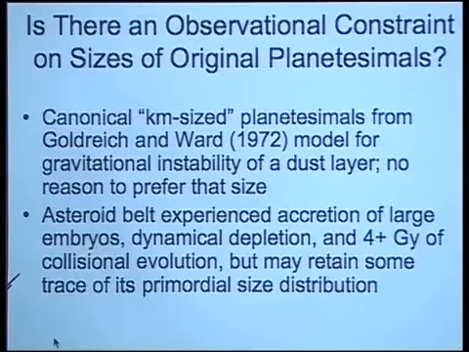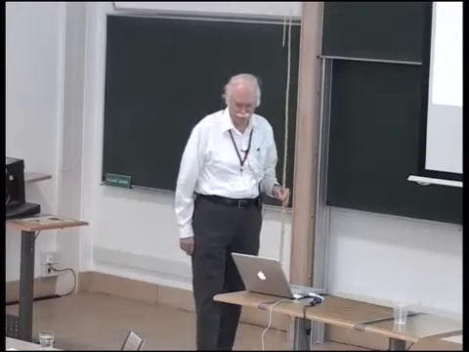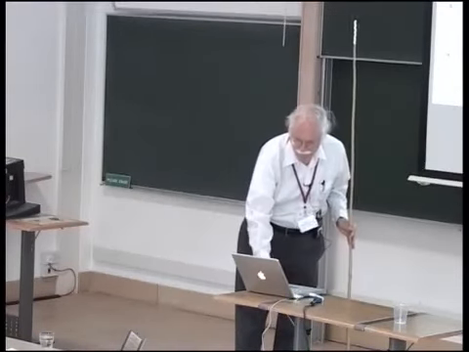Now, it's gone through a lot since you first made planetesimals in the asteroid belt. And the dynamical history is you accreted really large embryos, then they were depleted by scattering into resonance with Jupiter, and then followed by more than 4 giga-years of collisional evolution.